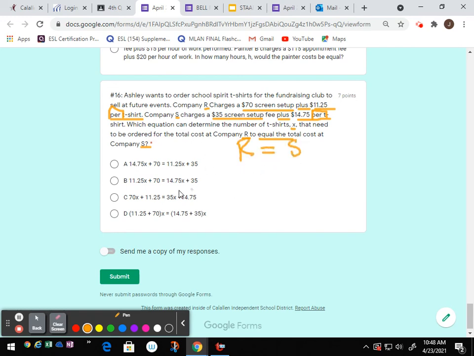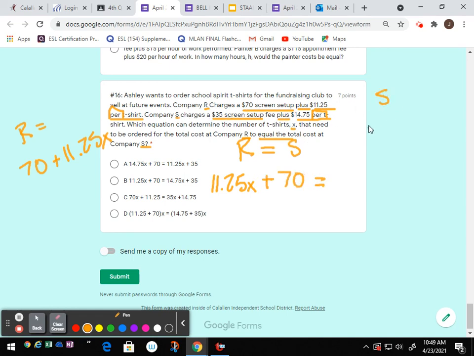Okay, so for R, we see it's the initial fee of $70, plus $11.25 per t-shirt, so per X. So that's where our X comes into factor. So we have 11.25X plus 70 is equal to S. Let's find S now.